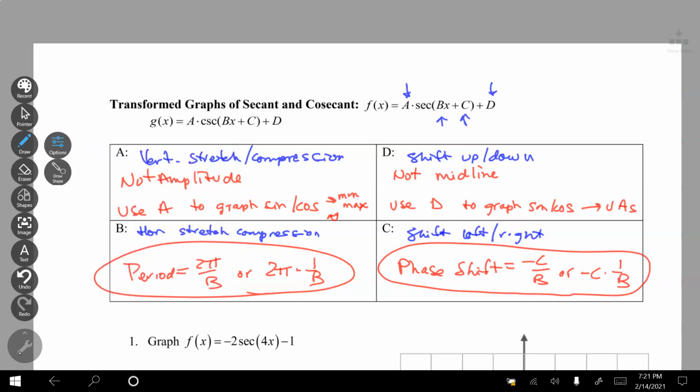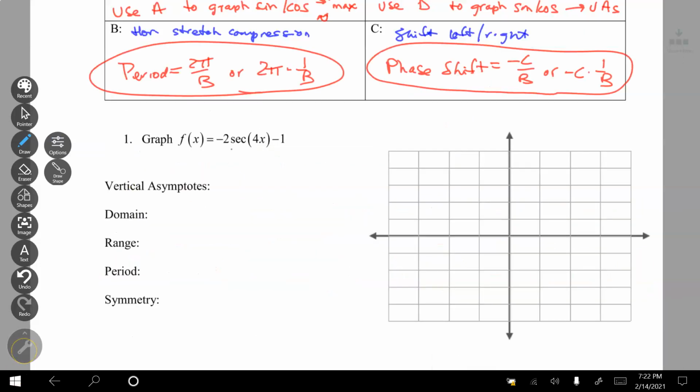But really what I'm going to do is draw the sine and cosine graph before I draw a secant or cosecant graph. So because it's secant, I'm actually going to draw a cosine graph. And it's going to be a negative cosine graph, which means I start at the minimum. I'm going to go up from there. I see the letters A, B, and D. And D is my midline at negative 1.